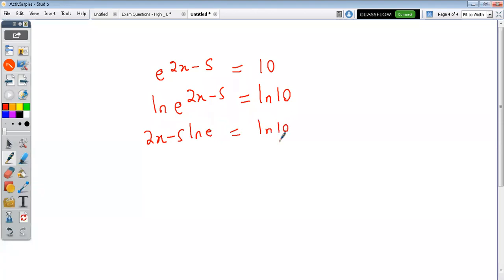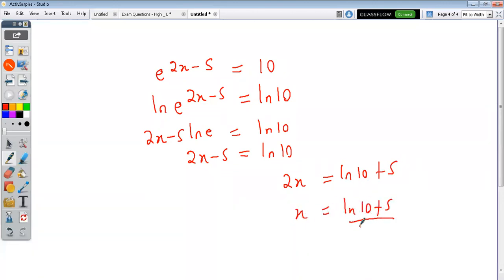Are we together? So in that case, we now know that ln e is 1 here. So we are left with 2x minus 5 is equal to ln 10. Therefore, 2x is equal to ln 10 plus 5. x is equal to ln 10 plus 5, divided by 2. Are we together? Making sense?